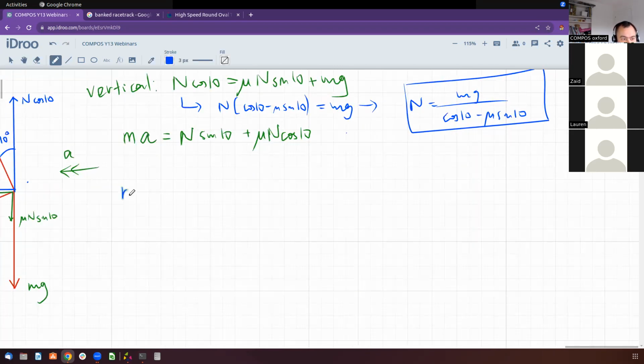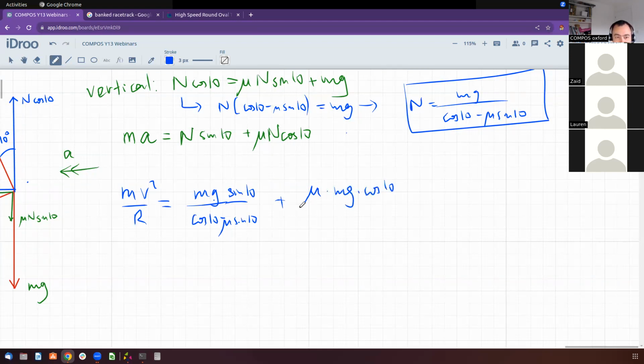So, and this is V squared. So mv squared over R is equal to N, which is mg over cos 10 minus mu sine 10, times sine 10, plus mu N, so mu multiplied by mg multiplied by cos 10 divided by the same denominator, so you're just going to join them together. Okay. I might have made it slightly more complicated than I had to.